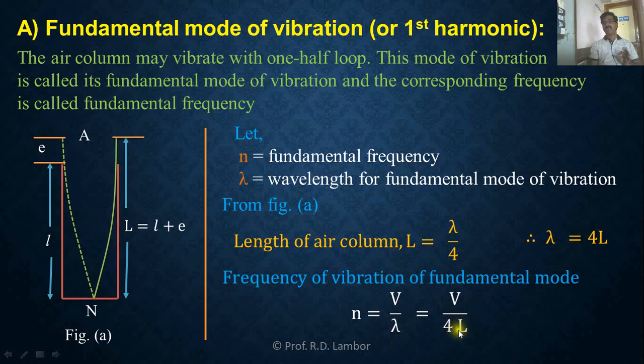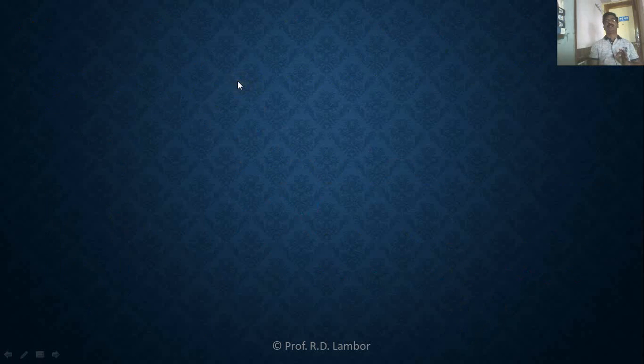And this L is the corrected length, and it includes the length of the pipe plus the end correction. That's why you can see here, therefore n equal to V upon 4L, and this L is equal to small l plus e.